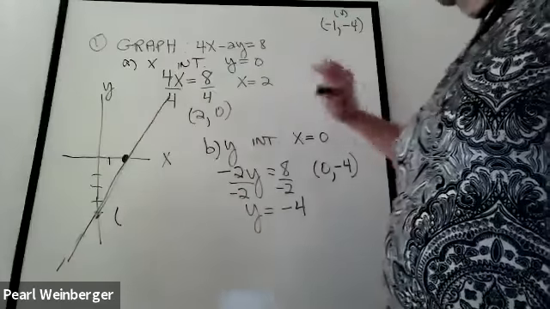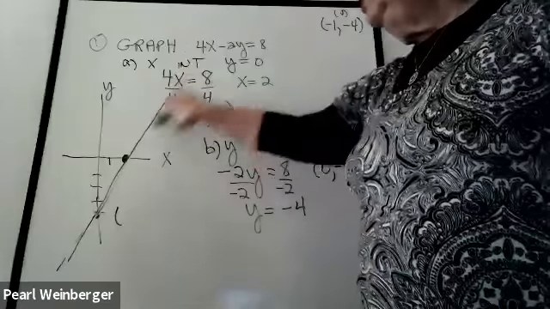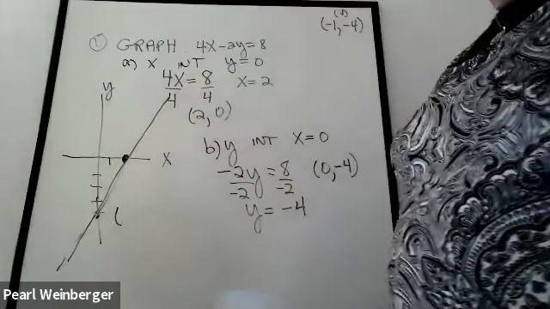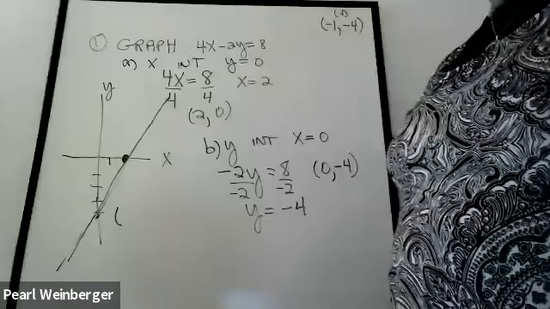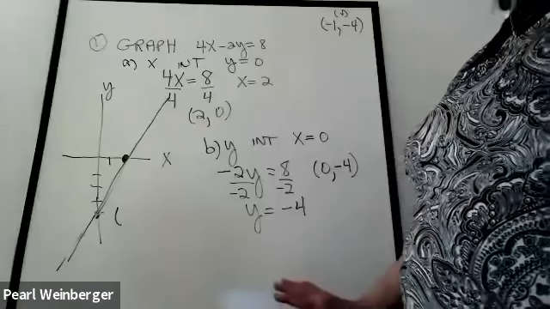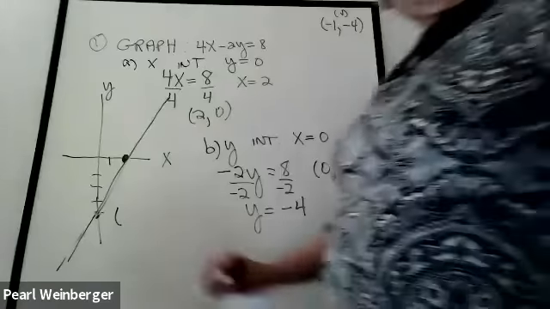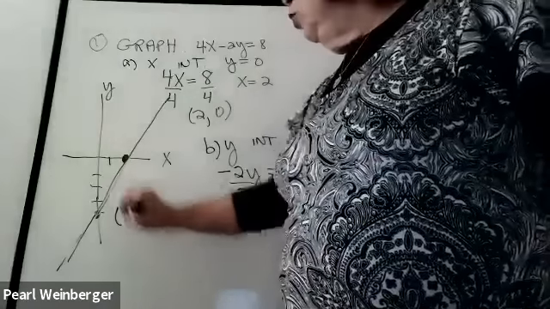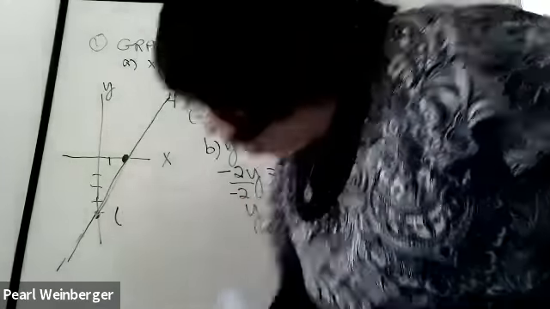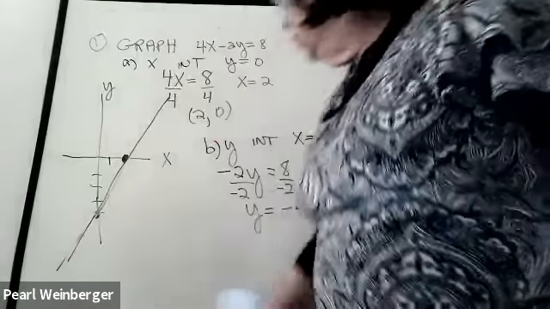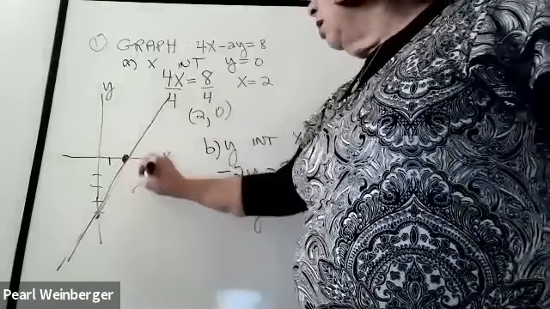I want to make a comment about the slope of this line. Once I have a line on a graph, I can really figure out what its slope is by doing what we call counting boxes. Remember, the slope is rise over run.